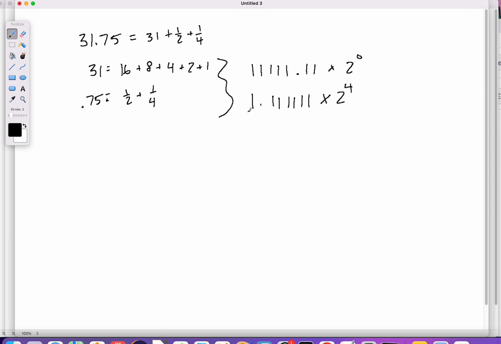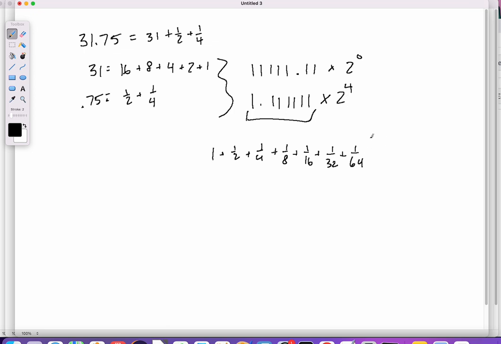Again, recognize this number right over here is 1 plus 1/2 plus 1/4 plus 1/8. That's this one. This would be a 16th, a 32nd, and a 64th. I think I've got that correct. That would be 1, 2, 3, 4, 5, 6. This would be 1, 2, 3, 4, 5, 6.